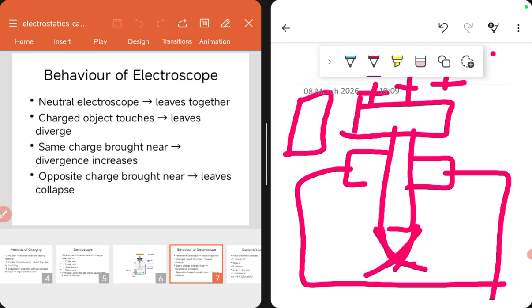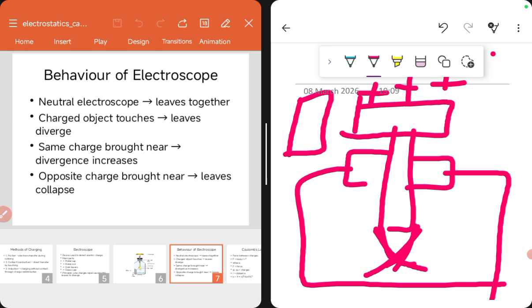So that means the convergence gives us a form of ambiguity. We don't know whether it is converging because of opposite charges. Because remember I told you, if the charges are similar, it diverges, it goes far apart to show that there's a repulsion. If the charges are opposite, it converges.